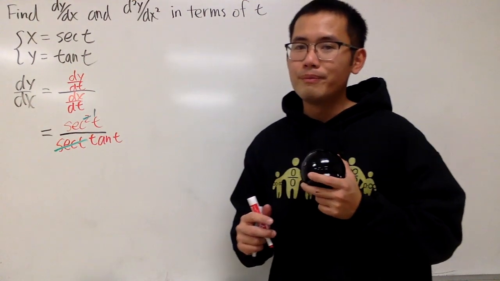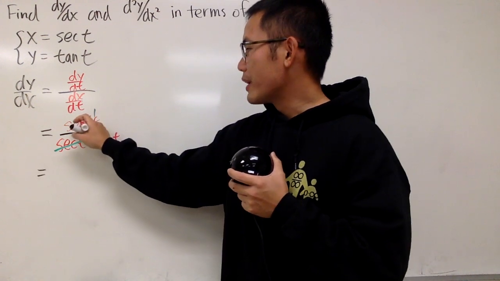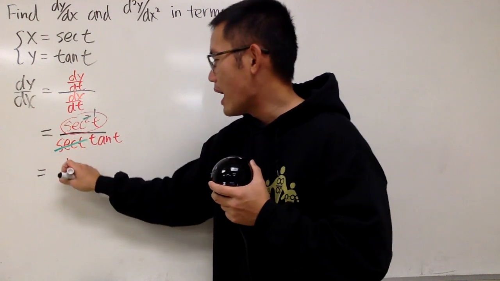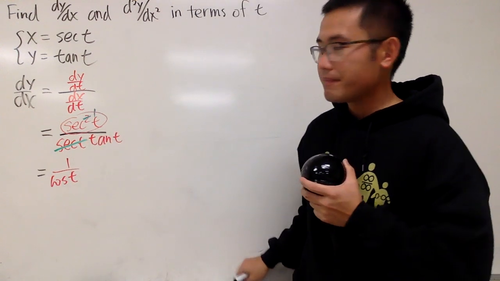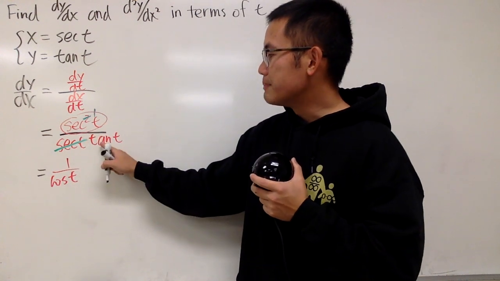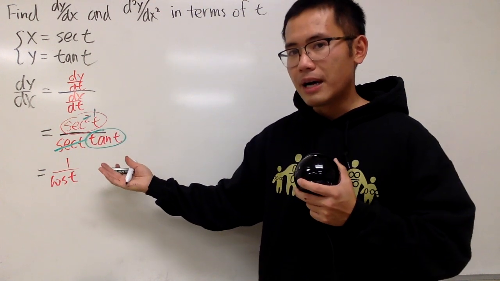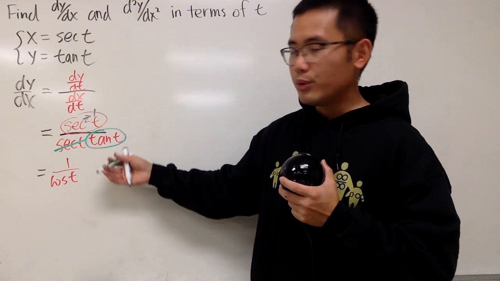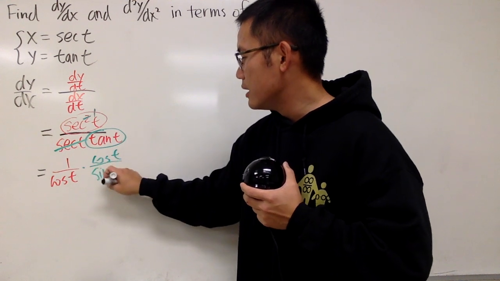And can we do more? I think so. So here we go. For the top, we have a secant t, and let me just write it here as 1 over cosine t. Then we divide this by tangent t. Well, tangent t on the bottom means cotangent, and we can look at this as cosine t over sine t.